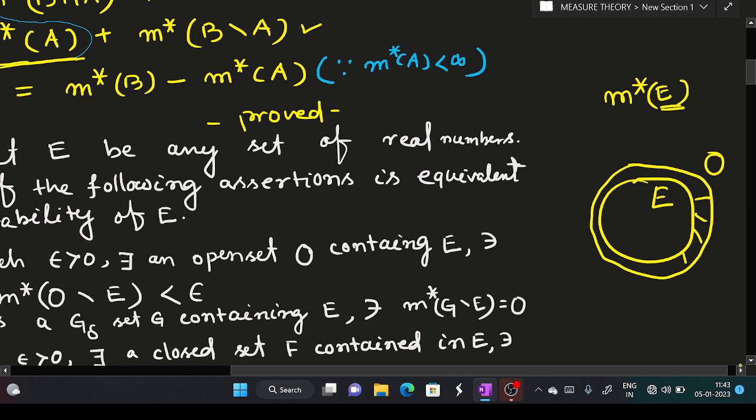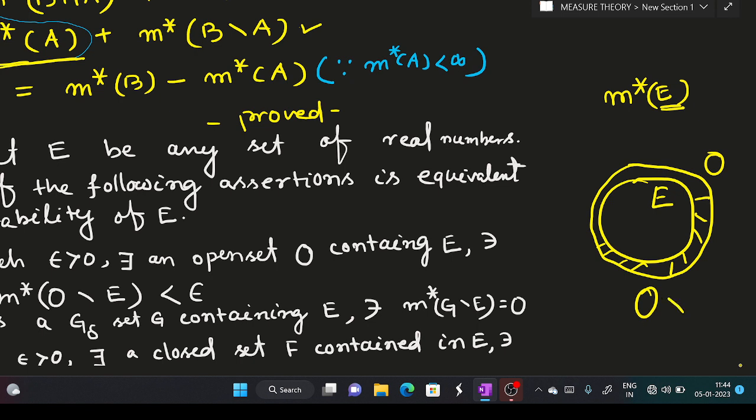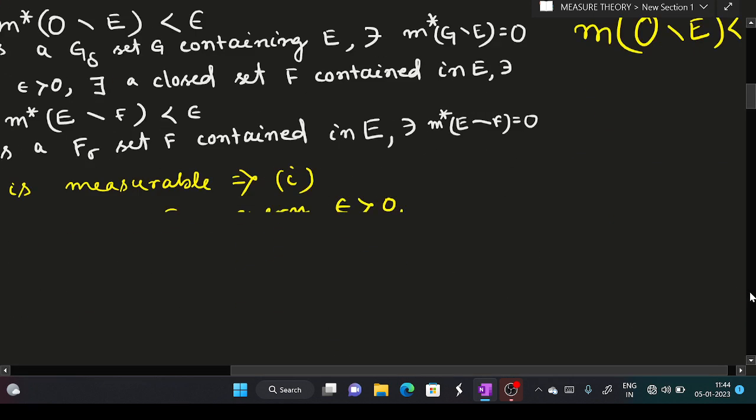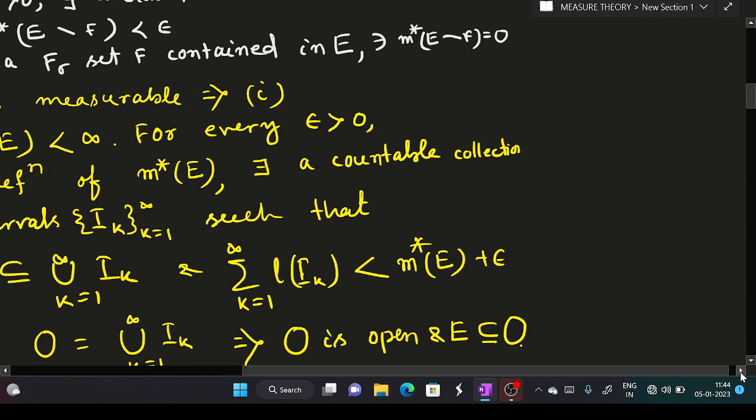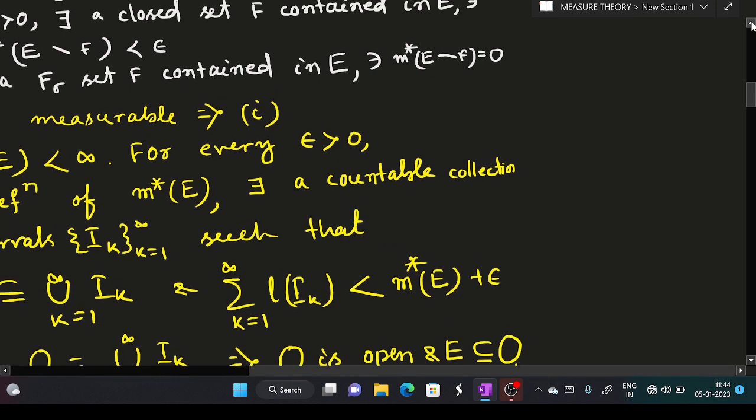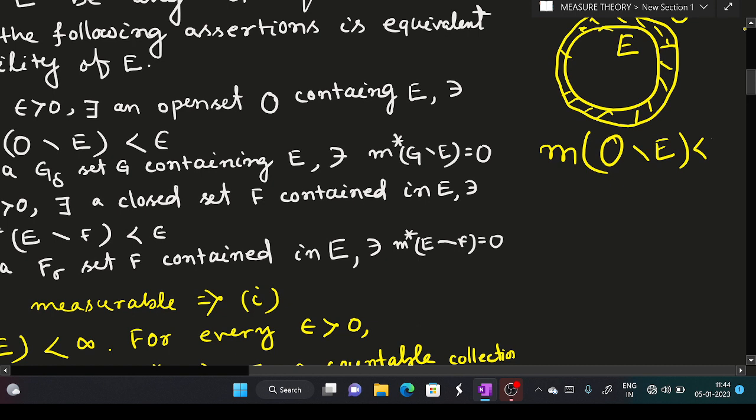This portion is the difference, which is O difference E. There exists O such that for every epsilon, this is less than epsilon. That means I can get a set O as close to E as I wish from the outer side.